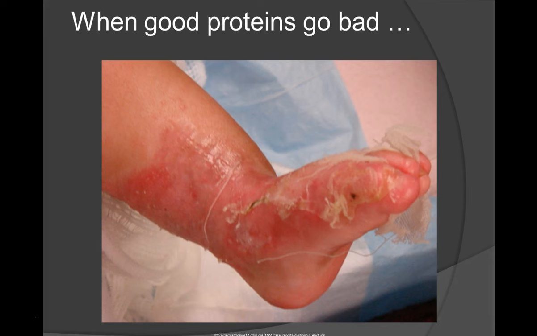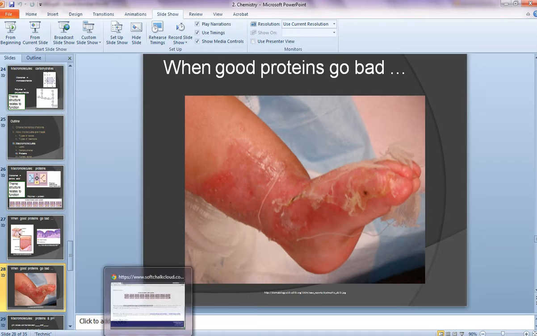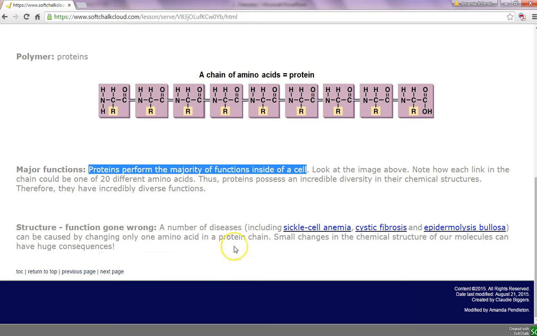This is a newborn baby's foot. One protein is mutated. That's skin tack protein, and this is what you end up with. So I want you to think through why. Okay. All right, and here's some other examples of just one amino acid being wrong.